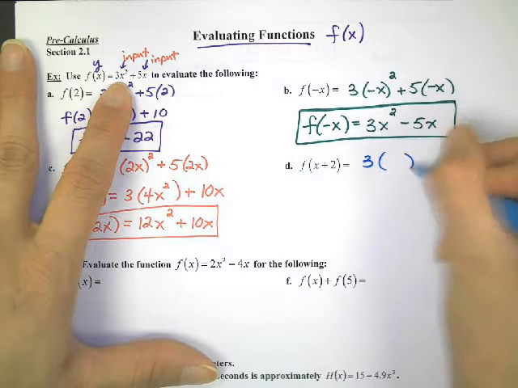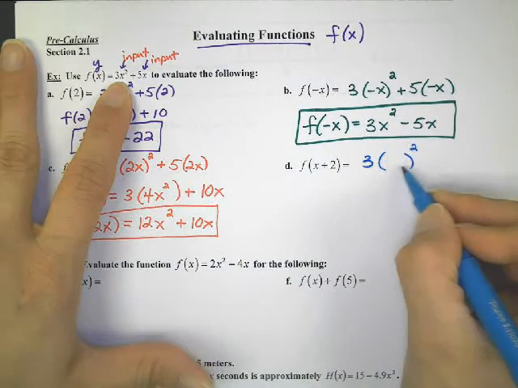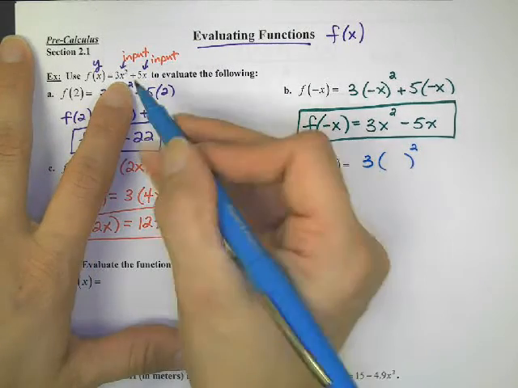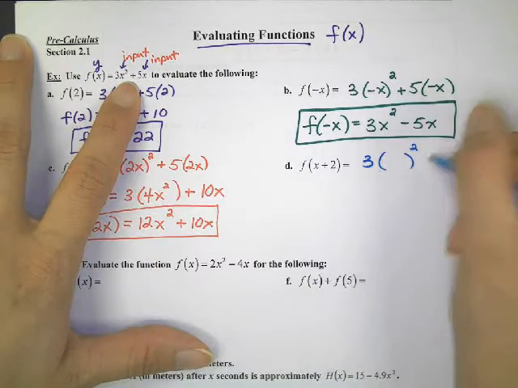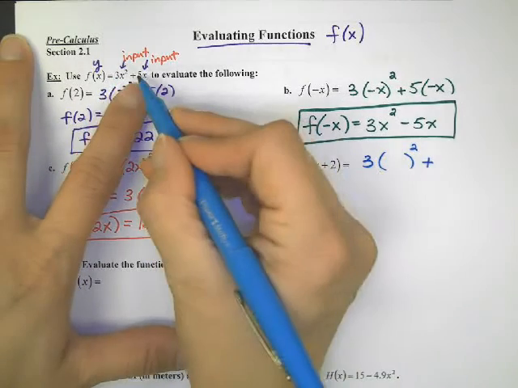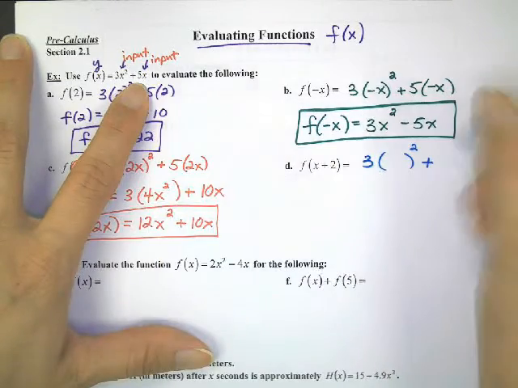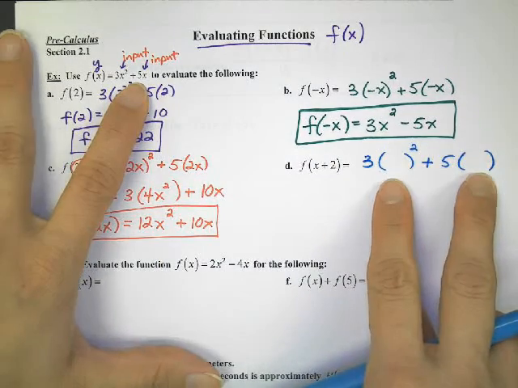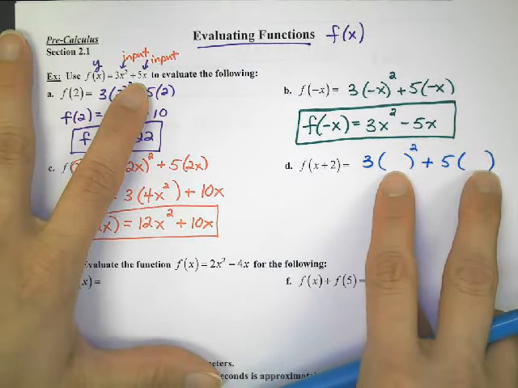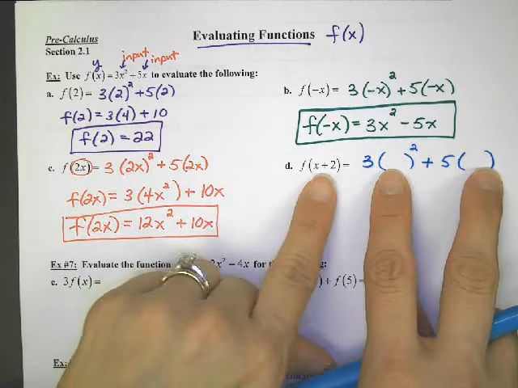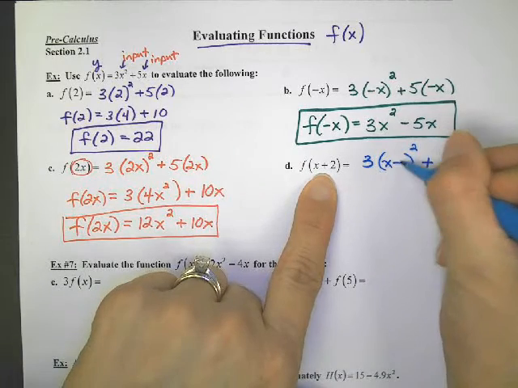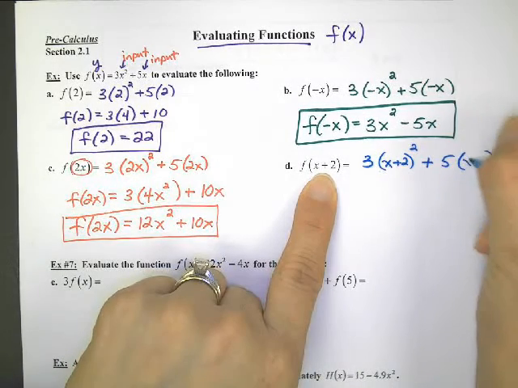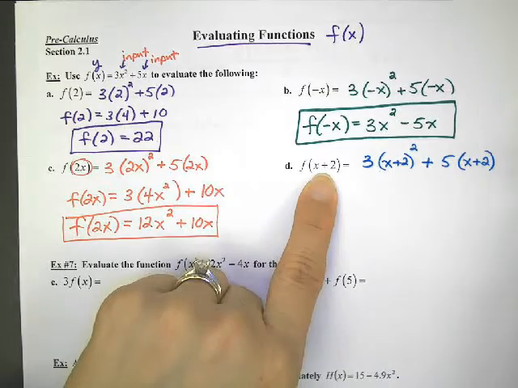I'm just going to put some parentheses, squared, and I'll put the input in there in just a second. F says write a plus sign. Then it says 5 times your input. Okay, I've got inputs. I got parentheses here. And the input we're plugging in is x plus 2. So x plus 2 is going to go there, and x plus 2 is going to go there.